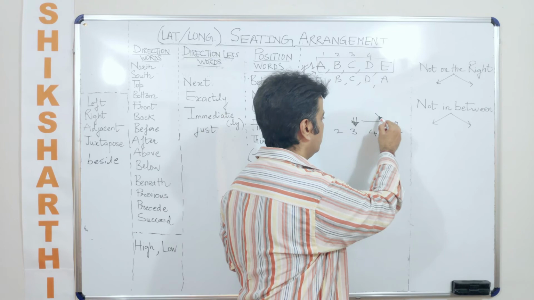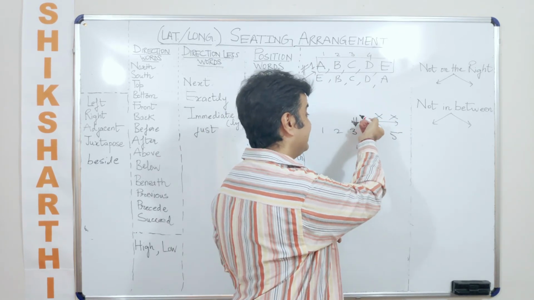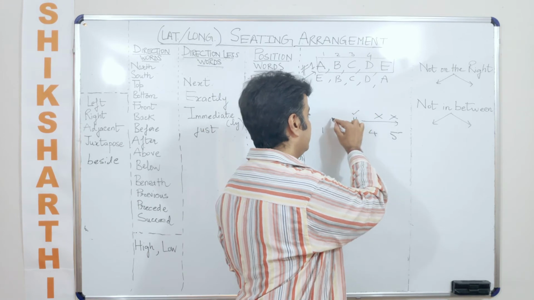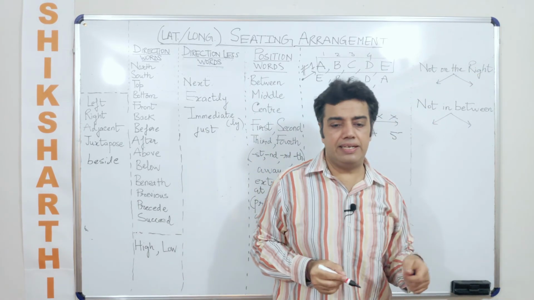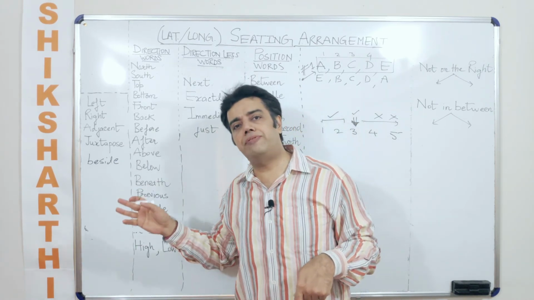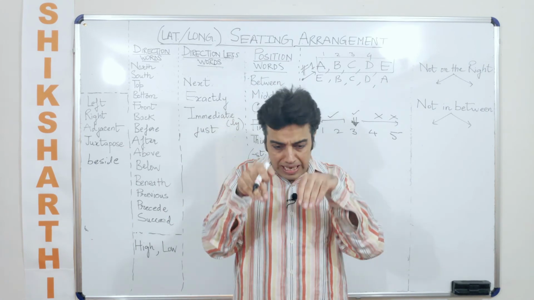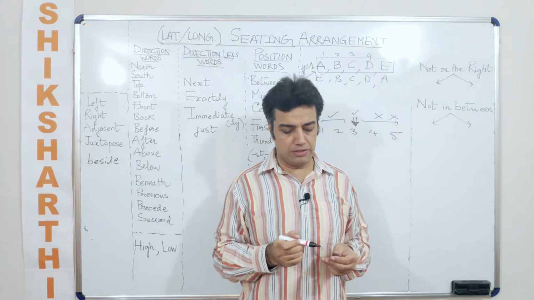So we are basically talking about C is not sitting in either of these positions. In that case, where can C sit? C can either sit here or in these 2 cases. So when I say not on the right, it means what? Either in the middle or on the left. Either on that position or on the other side is a point to be understood.